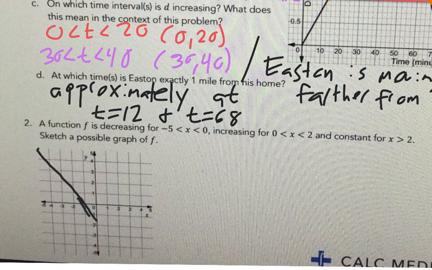And then you start increasing from 0 to 2, boom, and then be constant. There's my graph. Okay, is that the only graph? No, that's not the only one. Let me show you the one they drew.